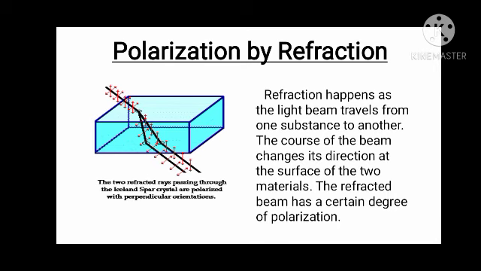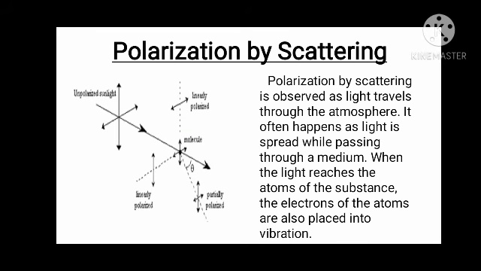And lastly is the polarization by scattering. It often happens as light is spread while passing through a medium. When the light reaches the atoms of the substance, the electrons of the atoms are placed into vibration. The vibrating electrons then generate their own electromagnetic wave, which is radiated outward in all directions.